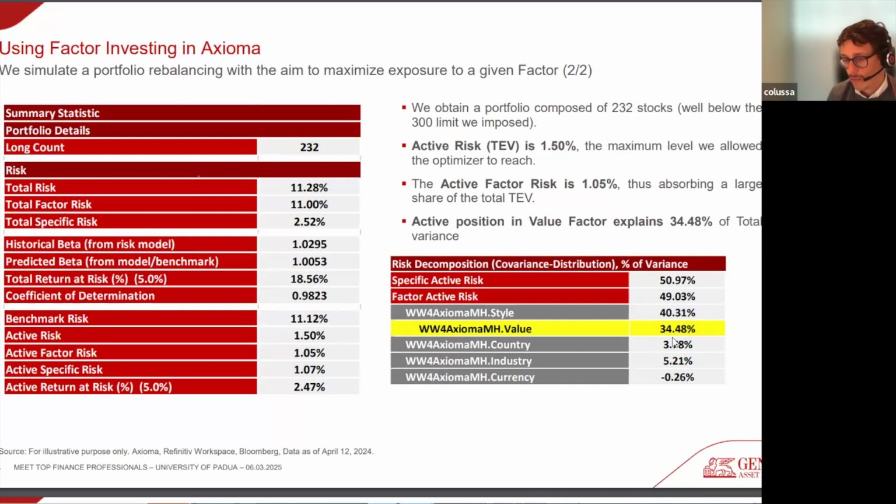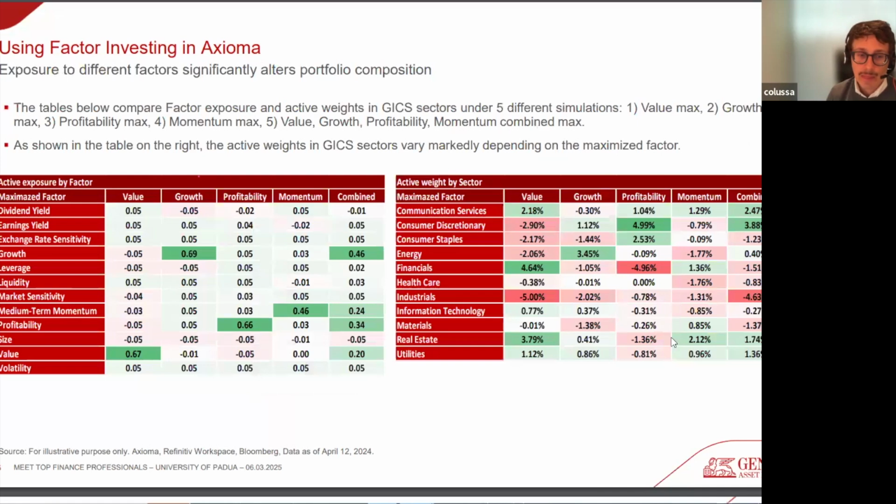So it's nearly 70% of the factor exposure here is to value, as I asked Axioma to do. If we go to the next slide, here I tried to make more experiments, asking to have exposure to value, to growth, to profitability, to momentum, combining all together.